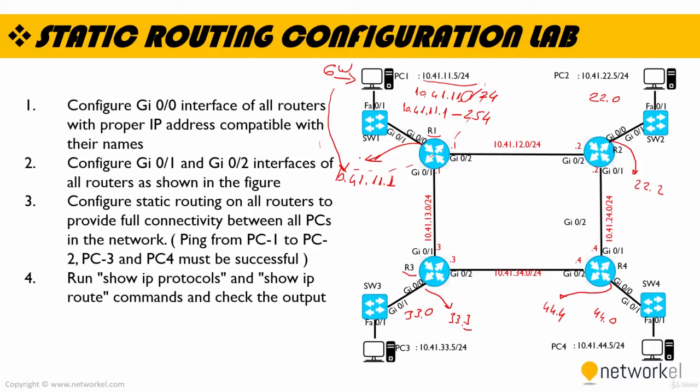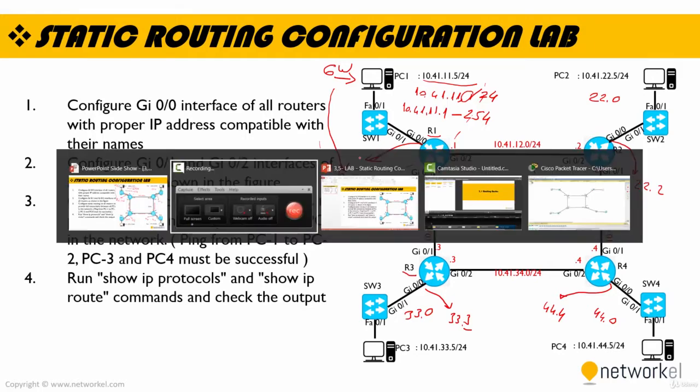Alright, let's go and configure the gig0/0 interfaces as shown in the figure. I'm going to configure 11.1 for router 1, 33.3 for router 3, 44.4 for router 4, and 22.2 for router 2. And let's go! Packet Tracer time.